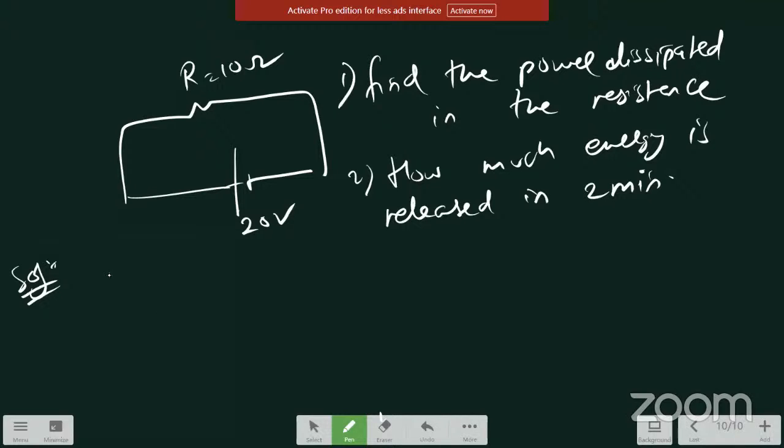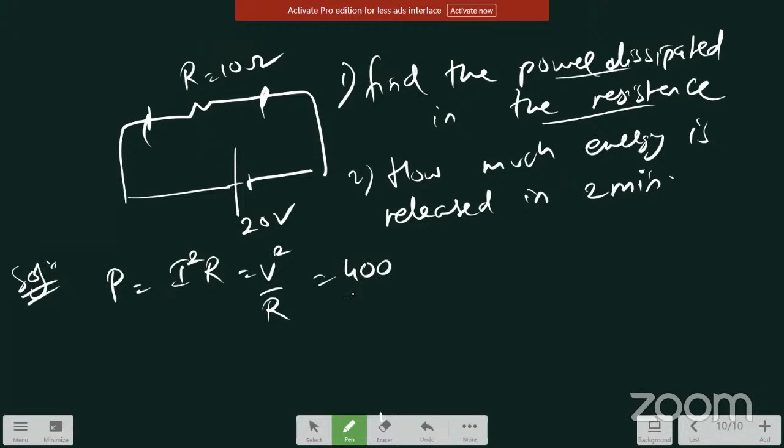Good. Very simple. We are asked the power dissipated. What is the power formula? I square R or V square by R. What is the potential difference across this resistance? 20 volt. So V square is 400 by R, which is 10. This is 40, and the unit of power is watt.